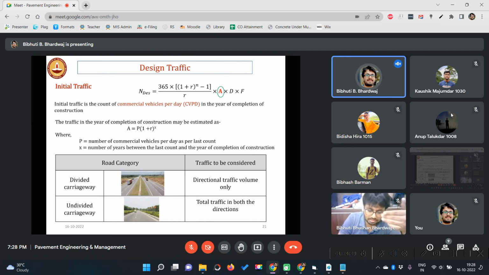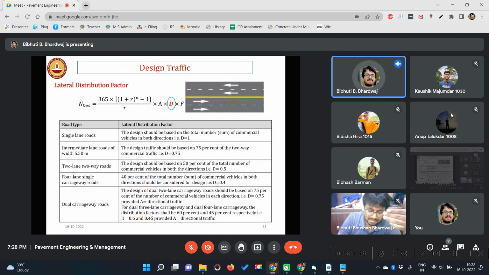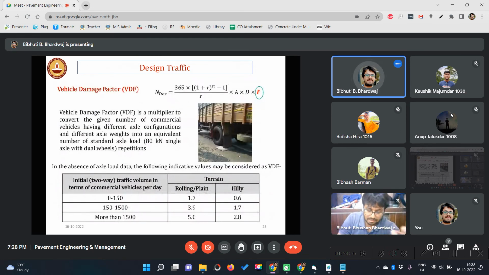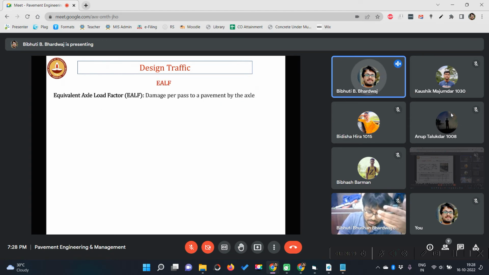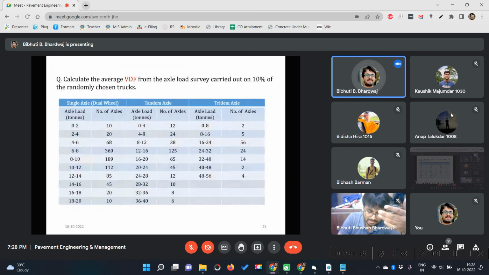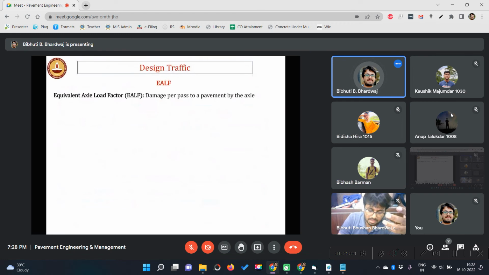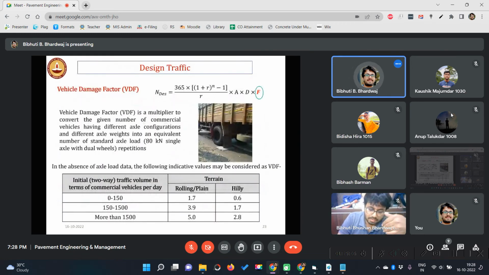So we learned all the parameters one by one. What is A, how to calculate A. Okay, what is D, how to calculate D for different types of roads. What is F, how to calculate F if the axle load spectrum is given like this. We solved this numerical, and also we knew that we can assume this value of VDF if we know the traffic volume, right?